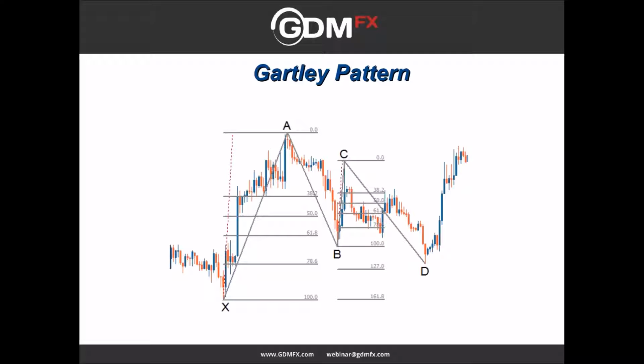So that means that if you have smaller number than 78.6 or higher number than 100 of the XA, that means less reliable your pattern is. But this is a test result you might be able to use just to see how a bearish Gartley pattern looks like, and it's just a mirror image. It's reversed upside down to this one.